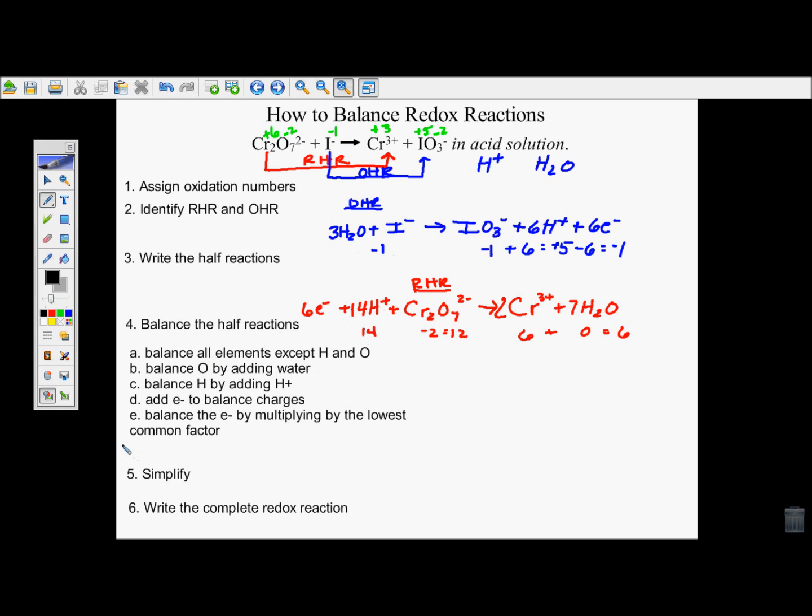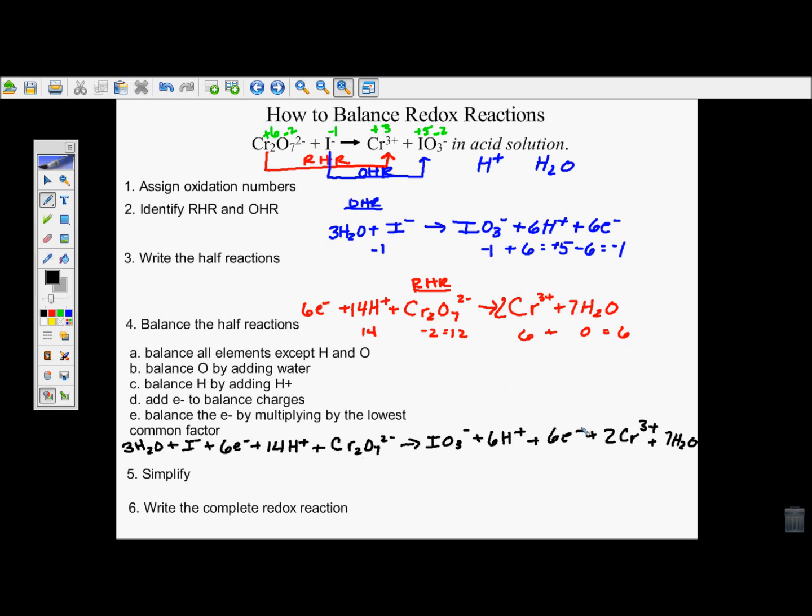So 3H2O plus iodine plus 6 electrons plus 14 hydrogen ions plus dichromate 2- yields, back up here to the products, iodine trioxide, charge of -1, plus 6H plus 6 electrons, plus 2 chromium ions, plus 7 waters. Barely fit.